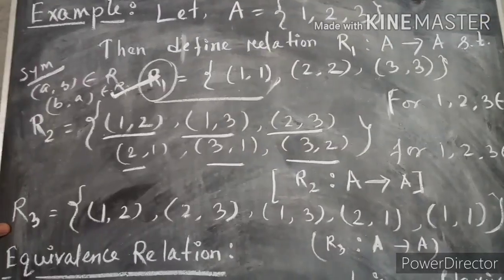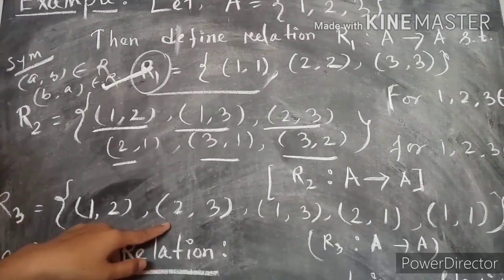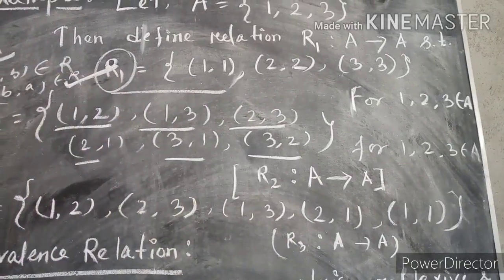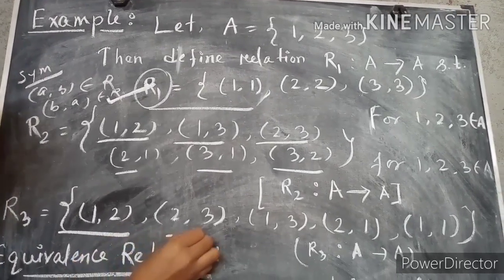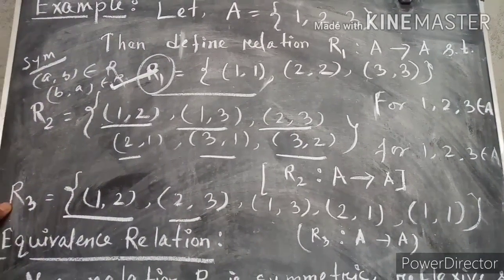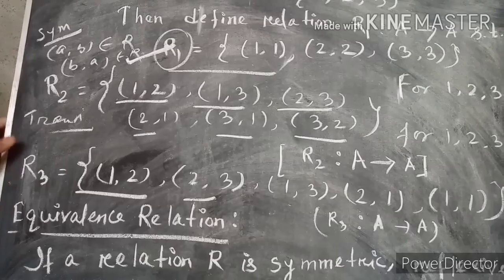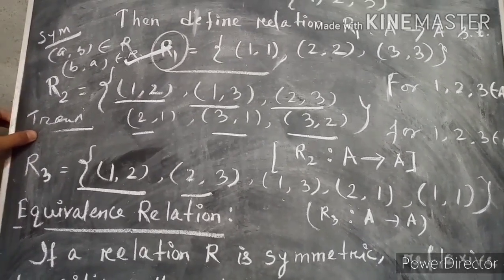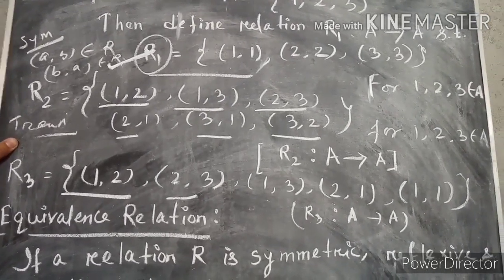Now the third relation is such that R3 equal to {(1, 2), (2, 3), (1, 3), (2, 1), (1, 1)}. By definition of transitive, we have already discussed that when two elements AB and BC belong to R, then the third element is in the form AC.